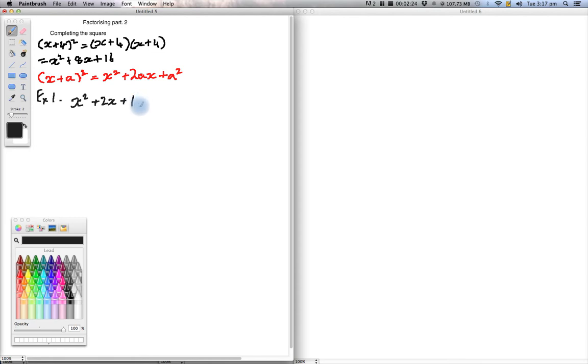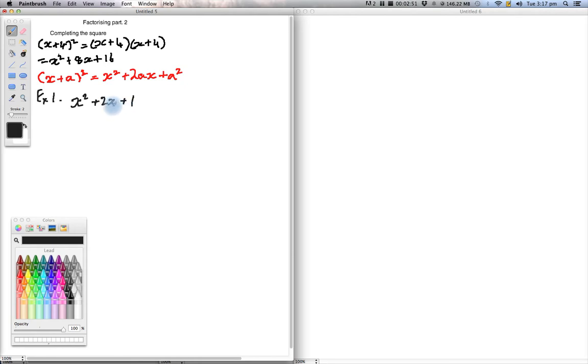Well, firstly, I guess some of you might be tempted to use the thinking about it method. Know that to get plus 1, you can do 1 times 1, and 1 and 1 adding together is 2. So you already know the answer, but we're doing completing the square, so we can use this formula here for perfect squares to see if it fits into our equation. And it turns out it does.